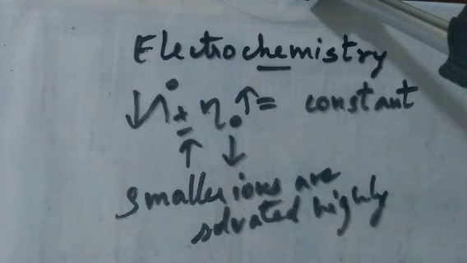The degree of solvation varies with different solvents, right? Hence the smaller ions do not obey Walden's law, and experimentally different values are obtained. Larger ions do not get much solvated when compared to smaller ions, so larger ions obey Walden's law, but smaller ions do not.